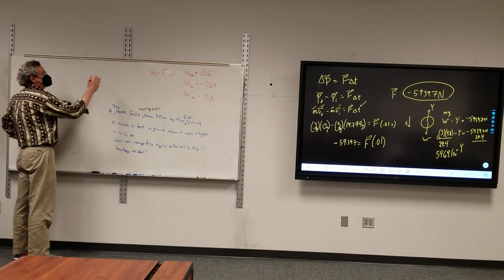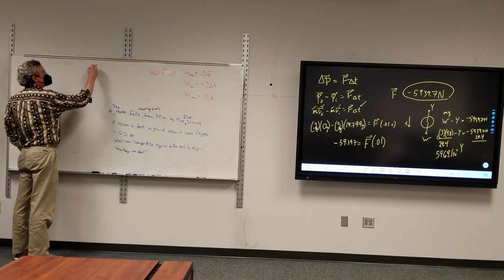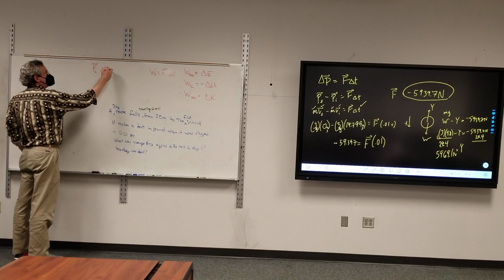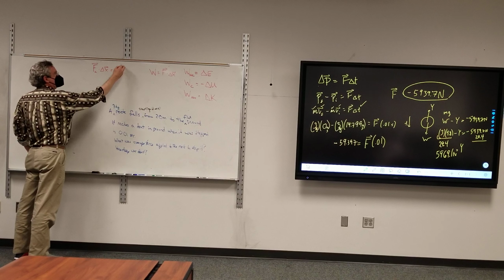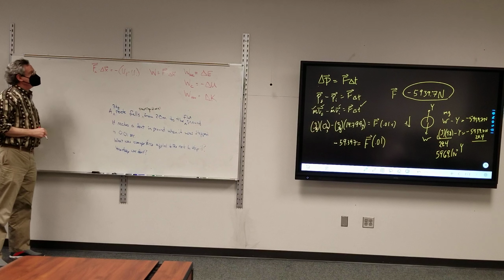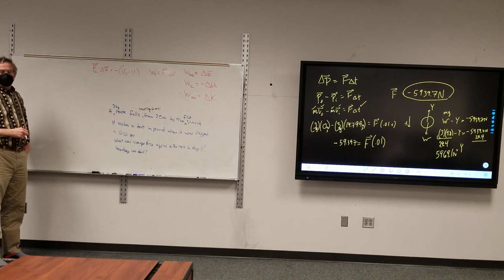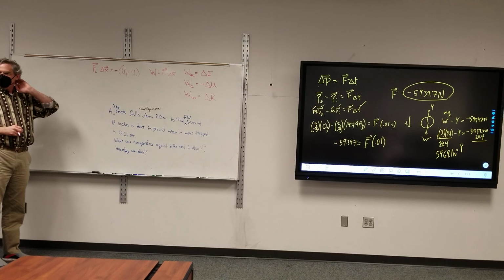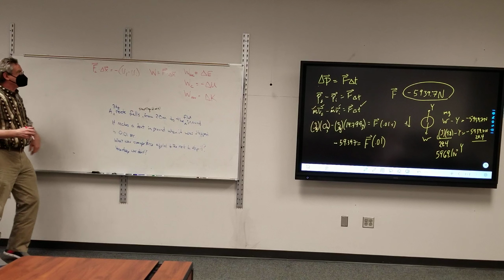All right. So conservative work is conservative force times displacement. And that's equal to the negative of U final minus U initial. All right, let's just establish it now. Where do you want to make H equal to 0? The ground. Okay, so at the ground.